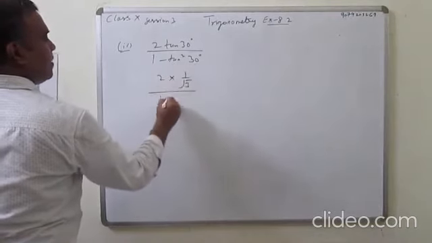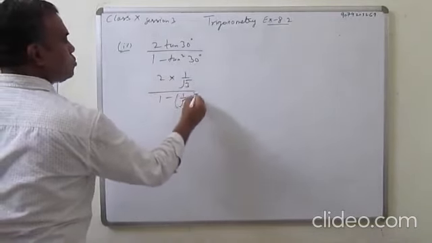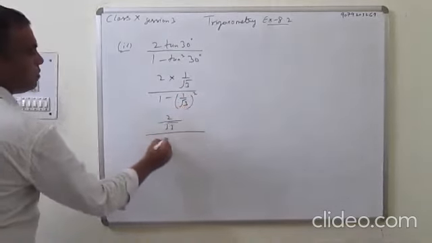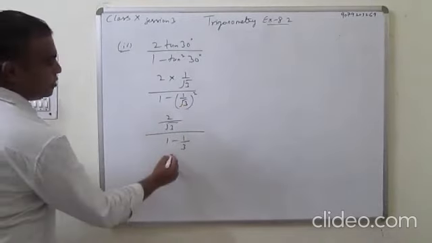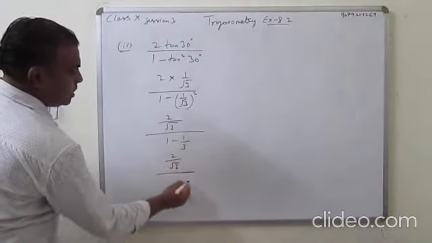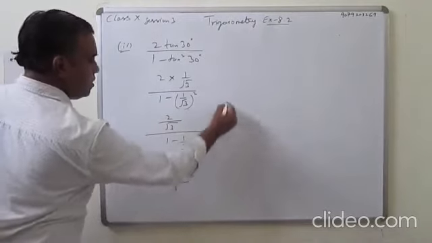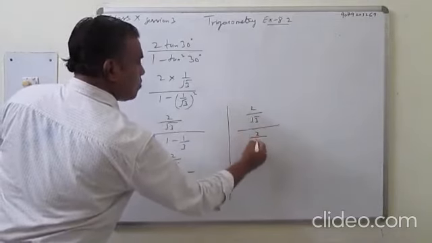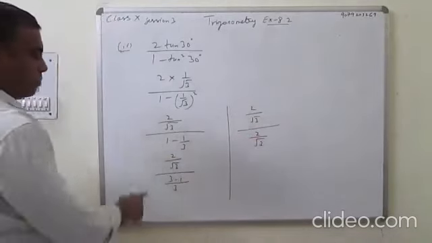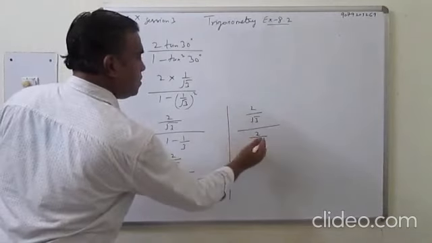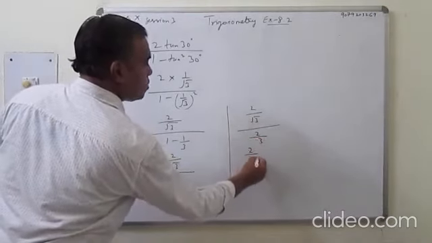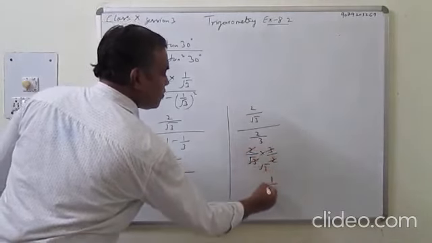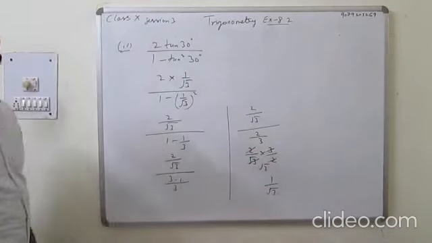Again, 1 minus 1 upon root 3 whole square. So 2 upon root 3, 1 minus 1 by 3, 3 is LCM, 3 minus 1, this comes out 2 upon 3. So 2 upon root 3 into 3 upon 2. This will cancel out, so it is 1 upon root 3.